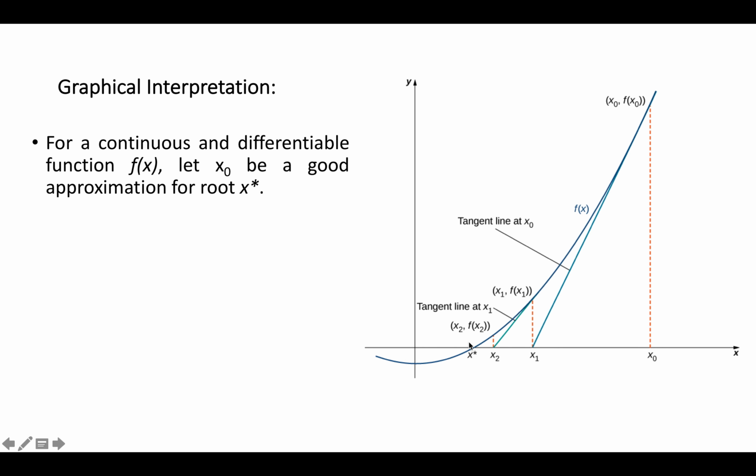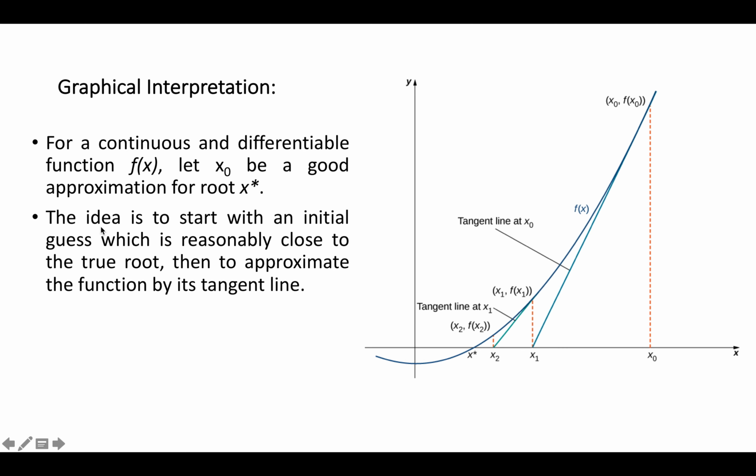This is the root, and our initial approximation is x0. Since we don't know where the root lies, for example, you have been given an equation and you don't know its root, so you make an initial guess. But you should guess this initial approximation wisely, such that it lies close to the root.